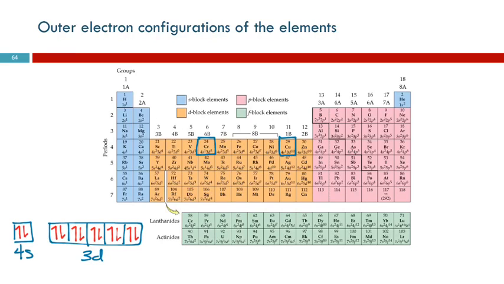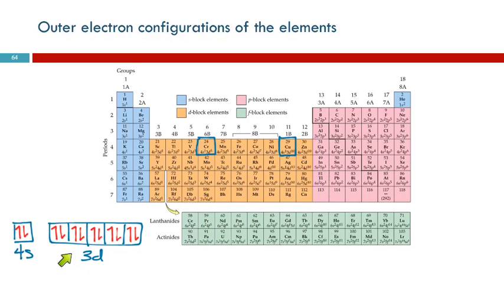Any questions? Yes? Okay, I'm kind of lost. The transition elements, the valence electrons is the row minus 1, but I don't get what you were saying. The valence electrons is not the row minus 1. The d block is the row minus 1.